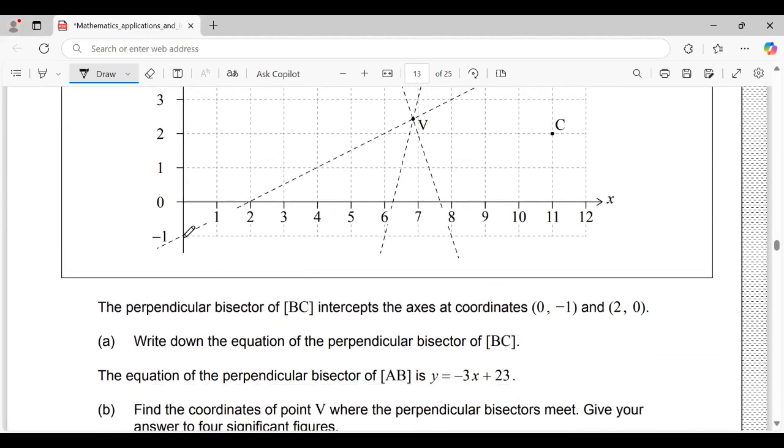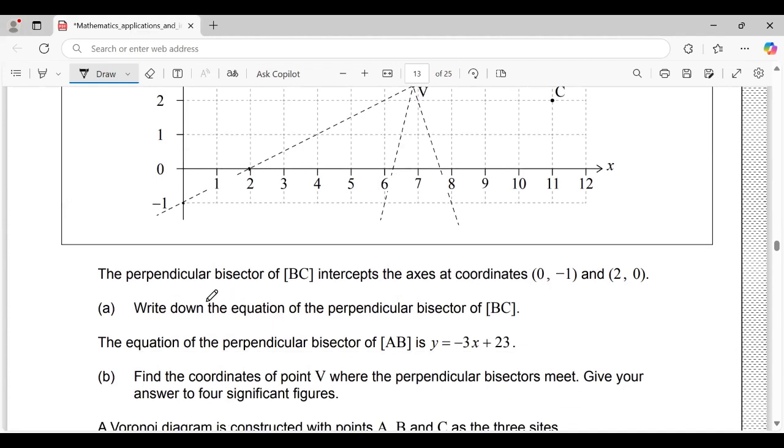This coordinate point and this coordinate point. Write down the equation of the perpendicular bisector of BC.